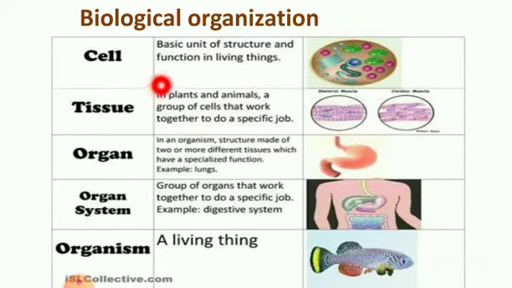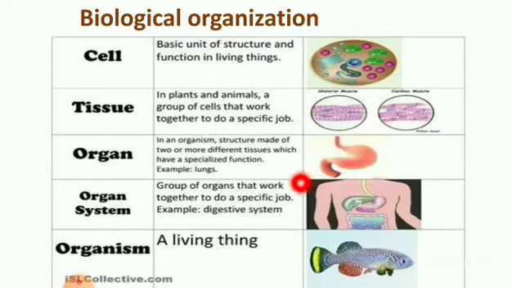What is cell? Cell is the basic unit of structure and function in living things. Tissue is, in plants and animals, a group of cells that work together to do a specific job. So tissue is nothing but a group of cells. Organ is nothing but a group of tissues. In an organism, it is a structure made of two or more different tissues which have a specialized function.